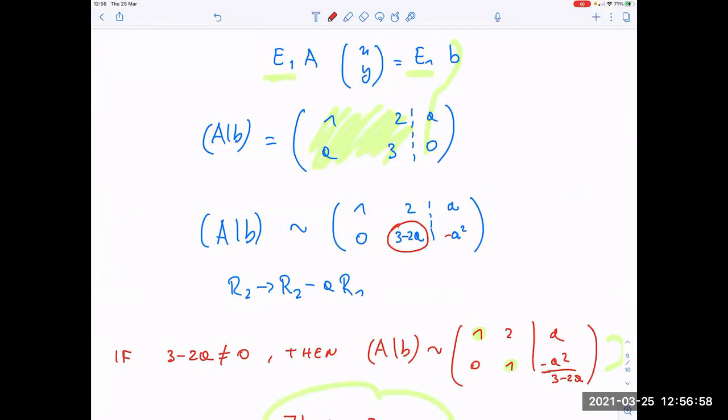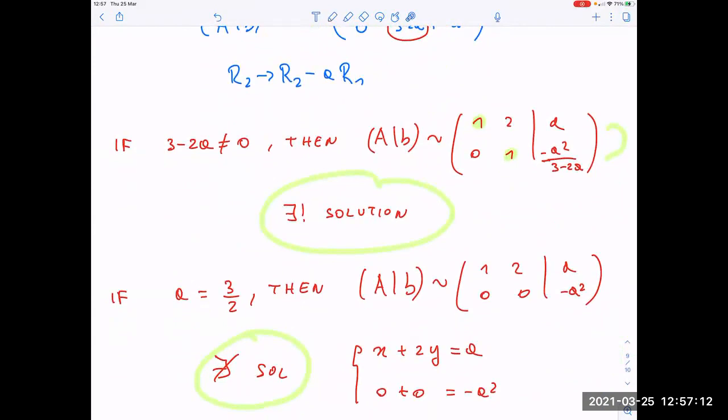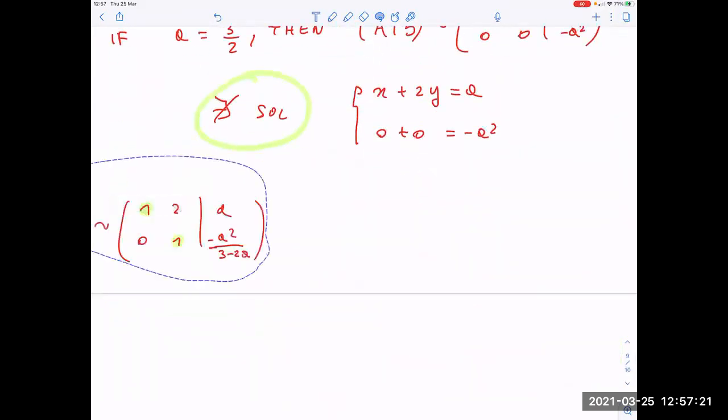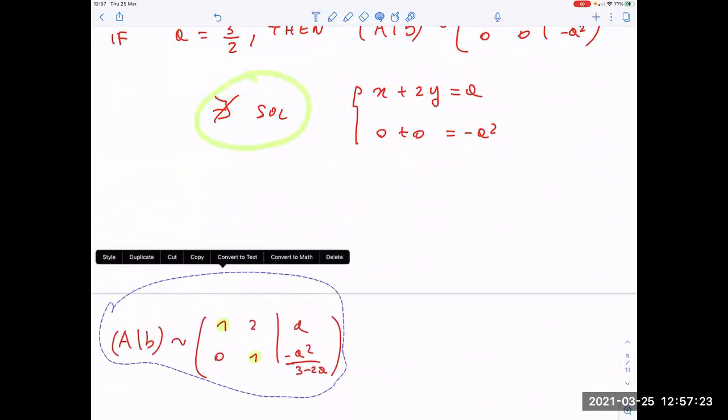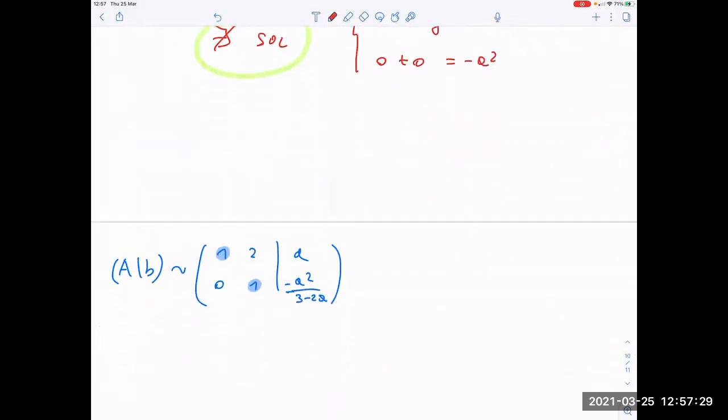Roberta Papa says, sorry, can you show which is the solution when A is different from 3 over 2? Yes. The solution in the general case comes from this one. So let's put it here. How do you find the solution? Well, you see, the second equation is telling me that y is equal to a squared over 2a minus 3.